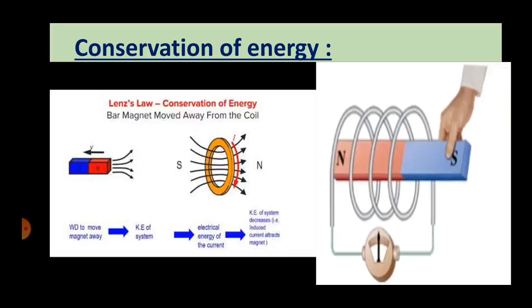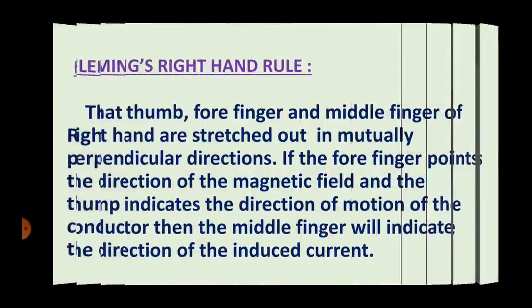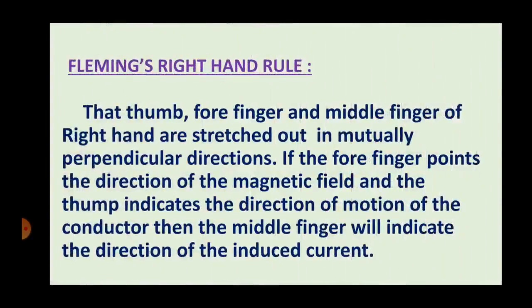Then we go on to discuss Fleming's right hand rule. Now take three fingers: the thumb, forefinger and middle finger, mutually perpendicular to each other. So students, when a conductor moves in a magnetic field, the direction of motion of the conductor, the magnetic field, and the induced current are given by Fleming's right hand rule.